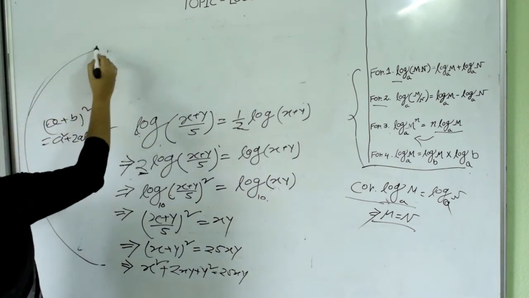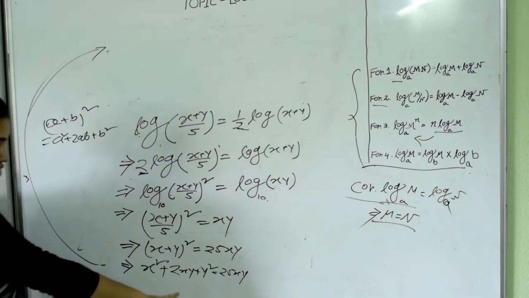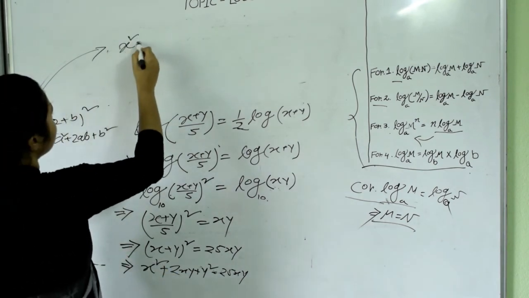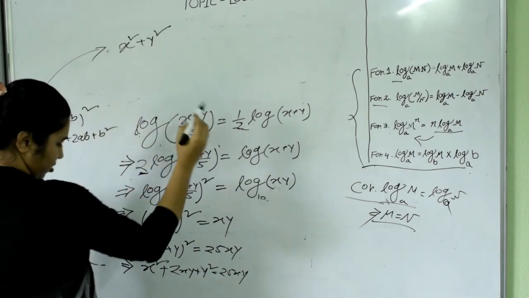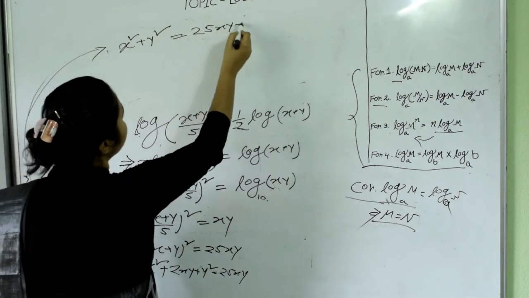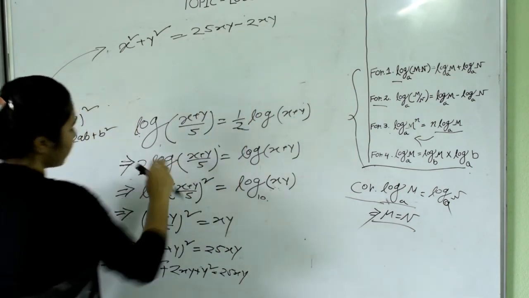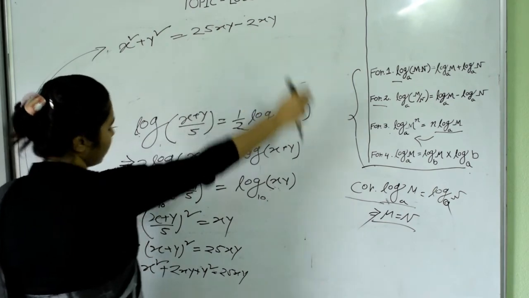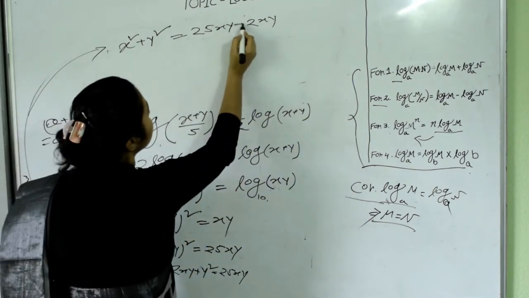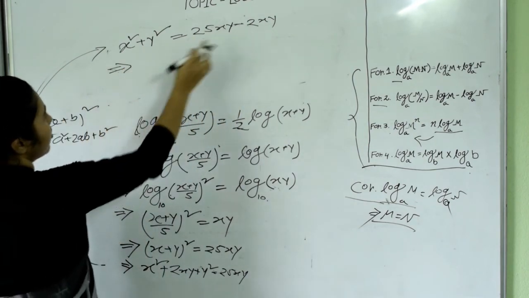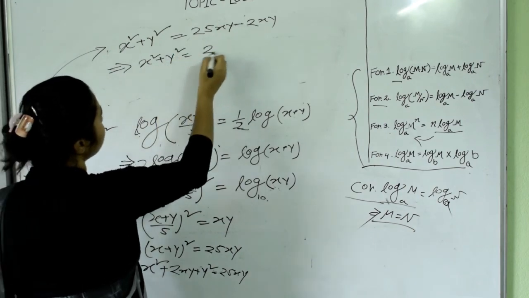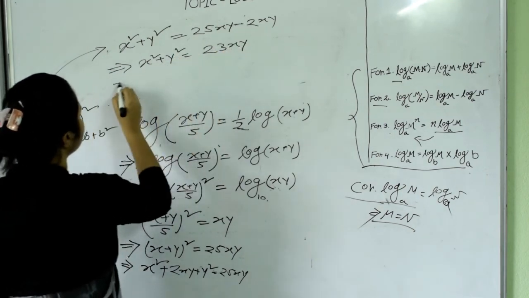Now after this line, x square plus 2xy plus y square is equal to 25xy. So x square plus y square equals 25xy minus 2xy. Take this 2xy to this side, here the sign is positive, so here the sign will be negative. So x square plus y square is equal to 23xy.